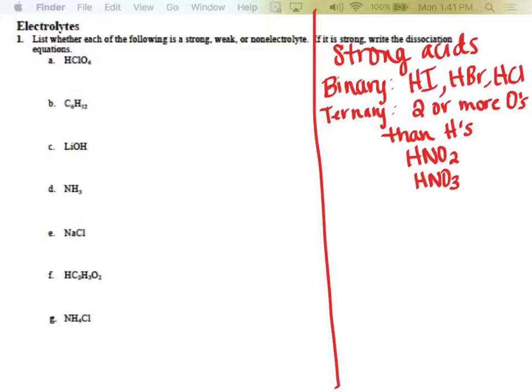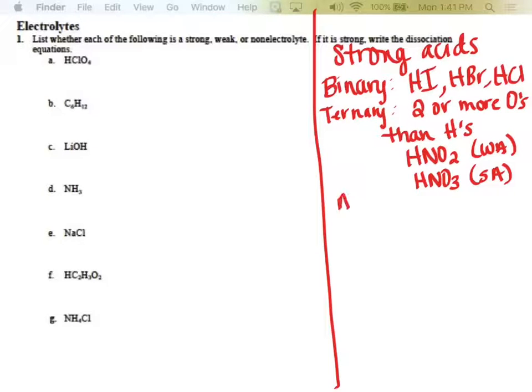The 3 is the strong, and the 2 is the weak acid. I don't memorize them. I bring clay, and then 2 or more O's than H's.